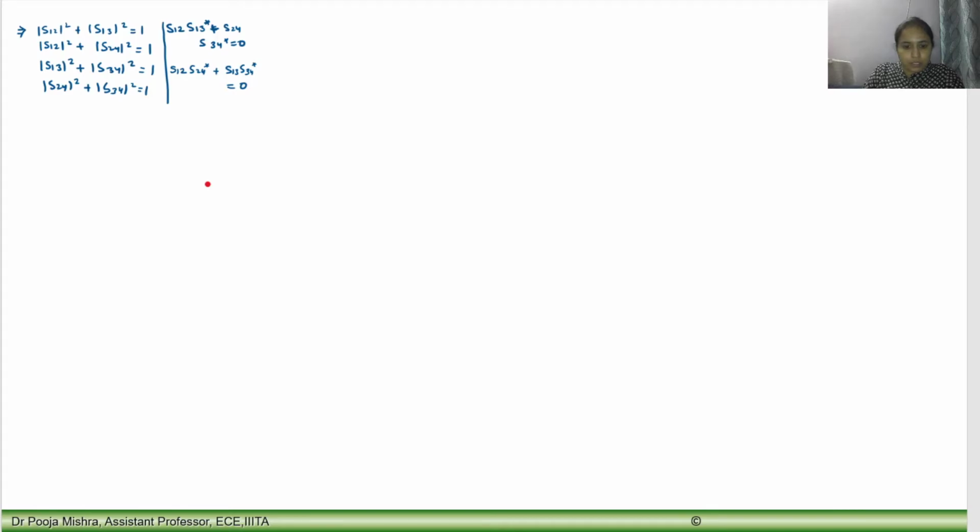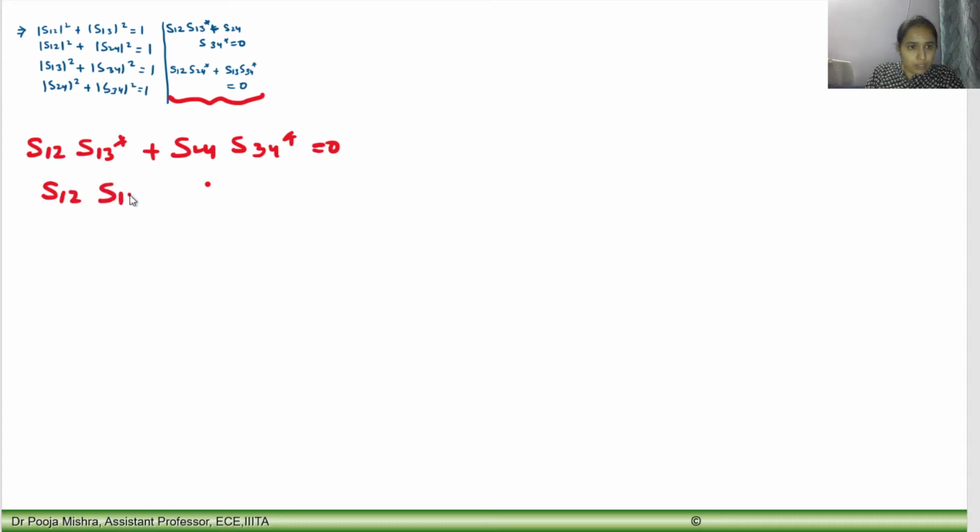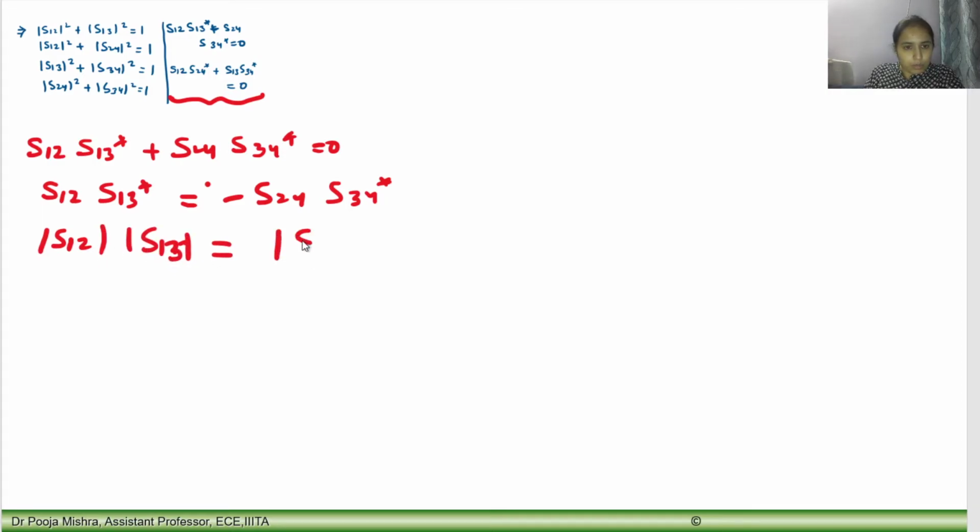See from these equations what you can infer. How can we write this equation? S12 S13 conjugate plus S24 S34 conjugate is equal to 0, or we could write S12 S13 conjugate is equal to minus S24 S34 conjugate, or we may write it as mod S12 mod S13 is equal to mod S24 mod S34.